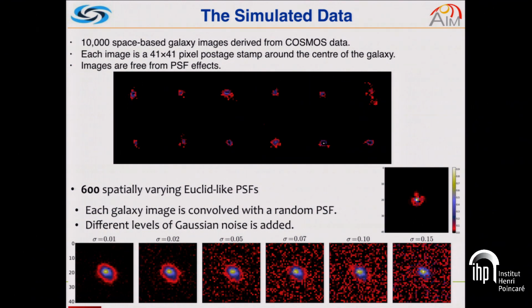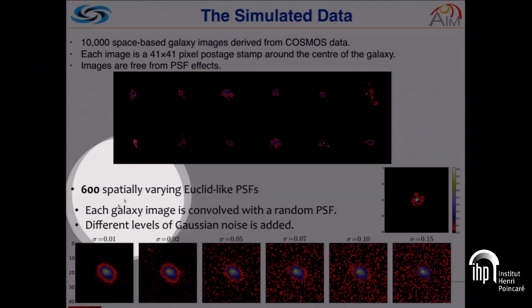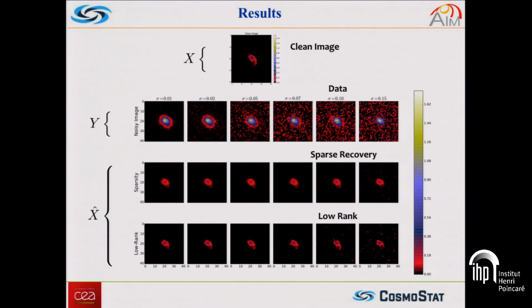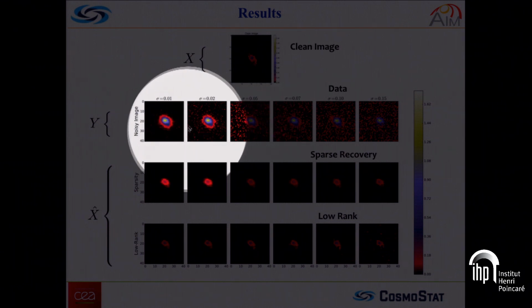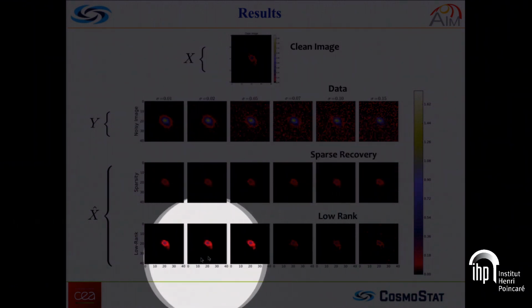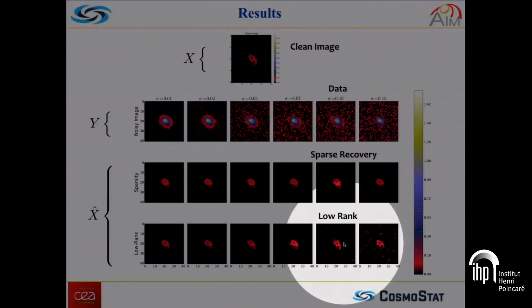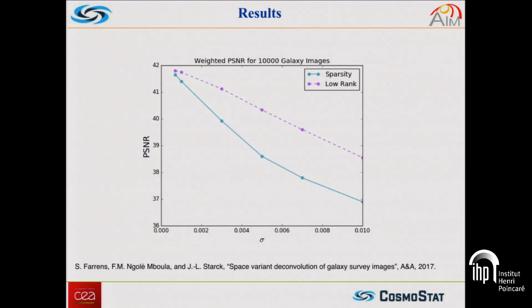And we use the same kind of galaxies we had before, with several noise levels, and we apply this technique. And here what we can get, so that's the data, sparse recovery, and low rank. They are quite similar. So we have some plots to show the results. And here what we see is the PSNR is better for low rank.